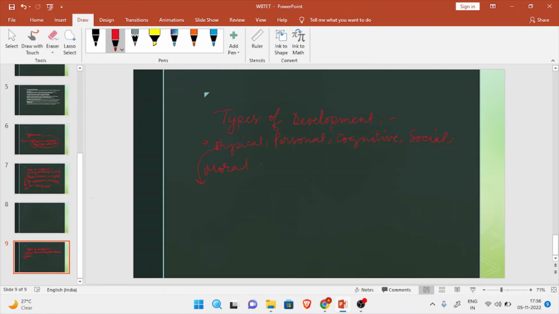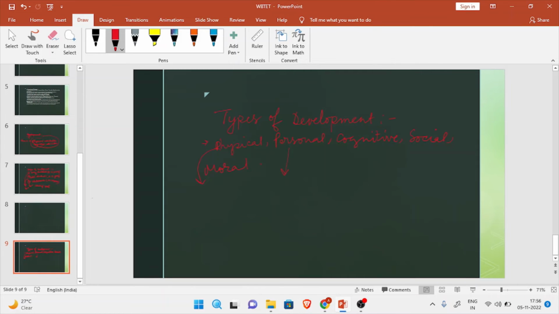Physical development is quite clear to understand because this development denotes changes in height, weight, or changes that occur in the body. So this is physical development. Next, personal development.